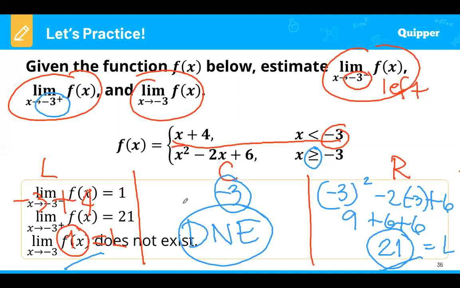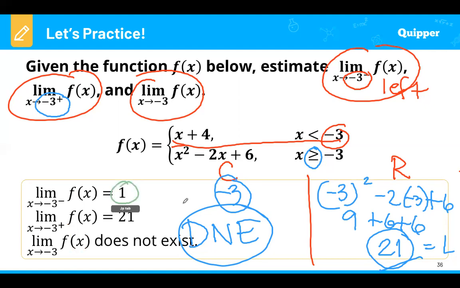Let's check our answers. Oh, we are correct. So we have the limit of f of x, if x approaching negative 3 from the left is 1, that is our answer also.